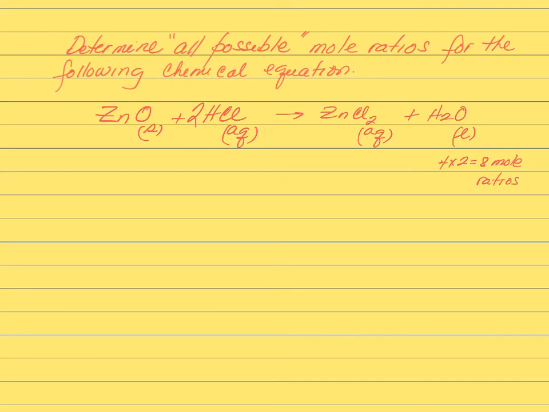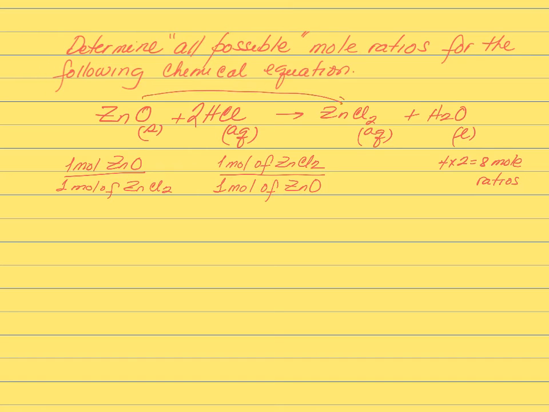Okay, so I'm going to start with the first one. 1 mole of zinc oxide will yield 1 mole of zinc chloride, and the reciprocal, 1 mole of zinc chloride will be produced after 1 mole of zinc oxide was used. I'm going to continue.